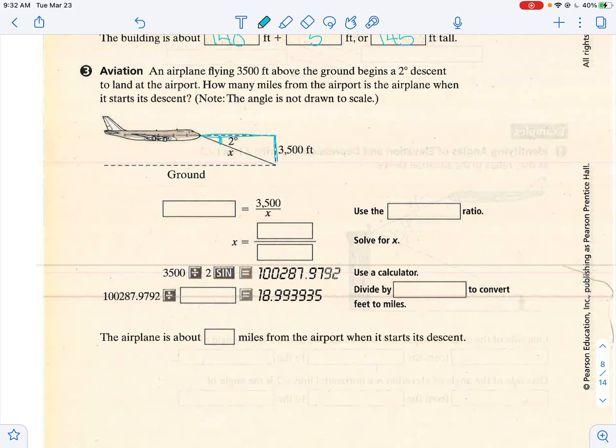We've got 2 degrees, this is opposite, and this would be hypotenuse because it's the longest and the slanted side. So if we think about our abbreviation, SOHCAHTOA, we have opposite and hypotenuse, so we need the sine. So we're going to use the sine ratio, and the sine of 2 equals 3,500 over x.